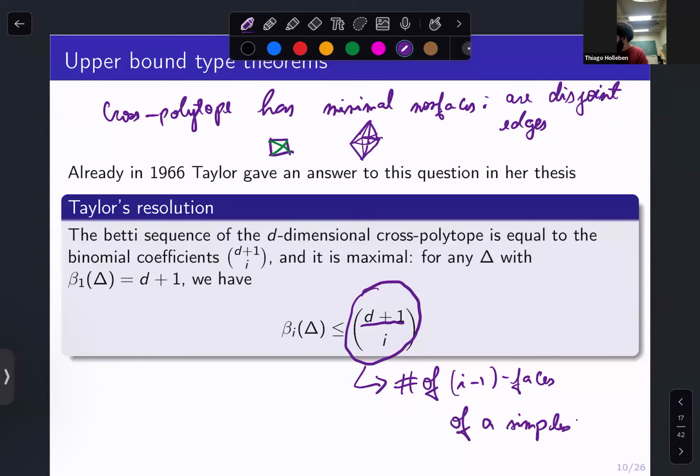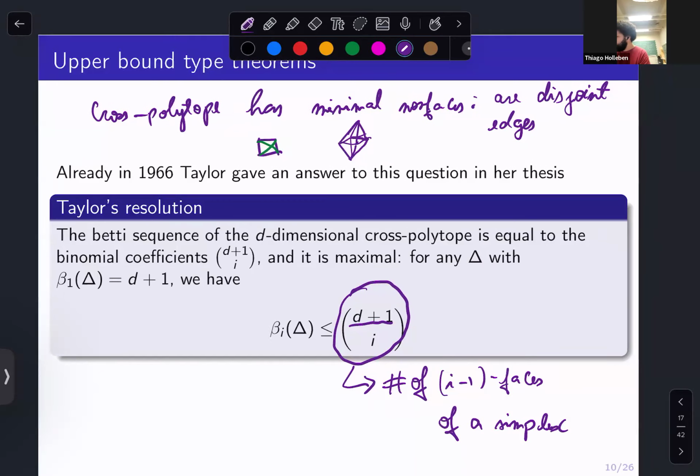So we'll come back to this, but in some sense, what's implicit in what she did, from this perspective, is that the Betti sequence is bounded above by the f-vector of a simplicial complex.